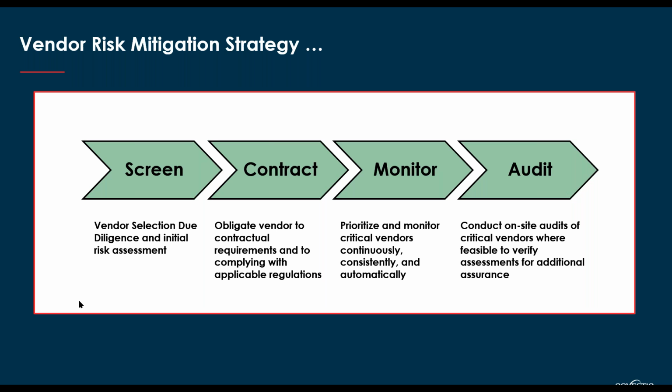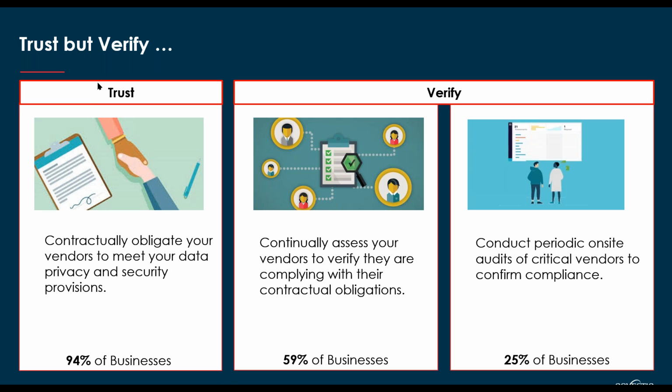So basically the idea is to trust but verify. So no matter how much you trust a vendor, the best practice is to monitor them. And last year, 94% of businesses reported that they trust their vendors explicitly, but only 59% actually assess their vendors. And fewer yet, only 25% audited their vendors.